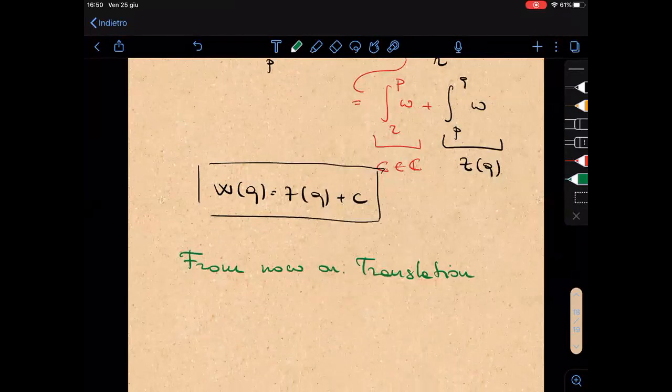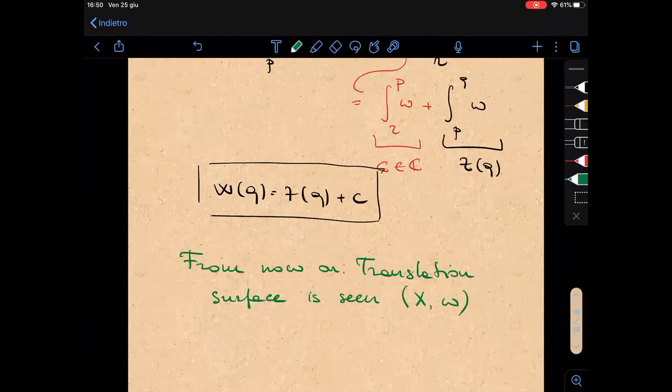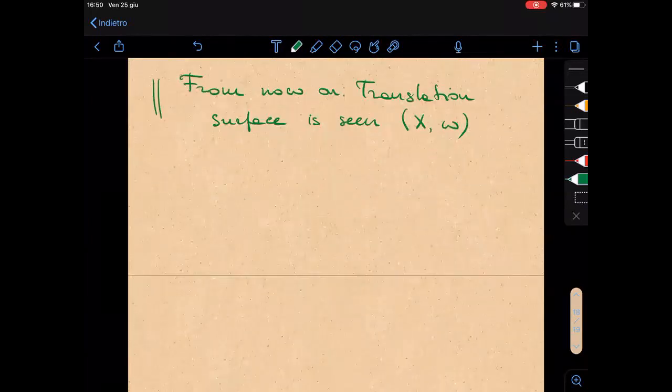Okay, so from now on, a translation surface is mostly seen as just this kind of couple, X omega. Well, okay, now we can introduce one notion of volume of X omega.